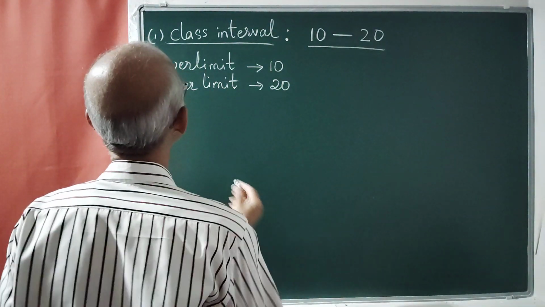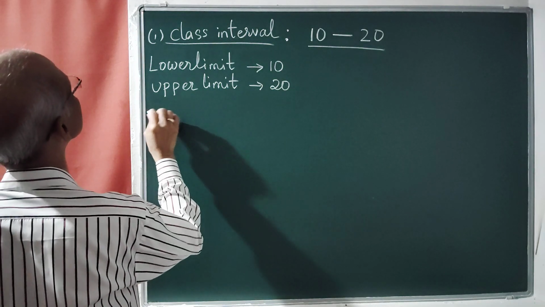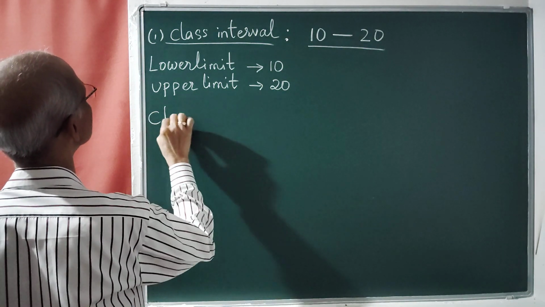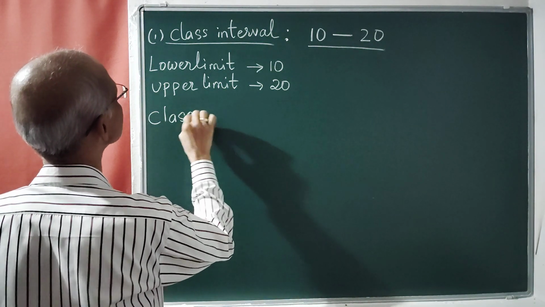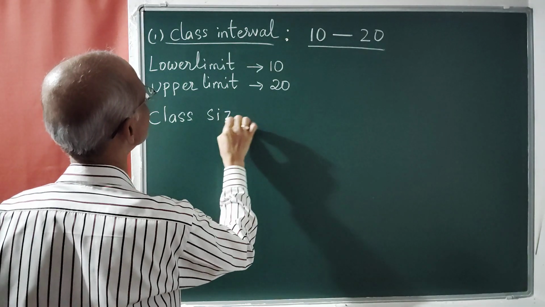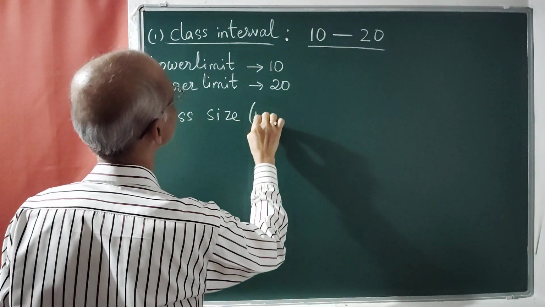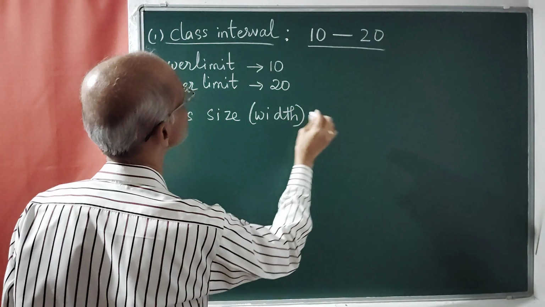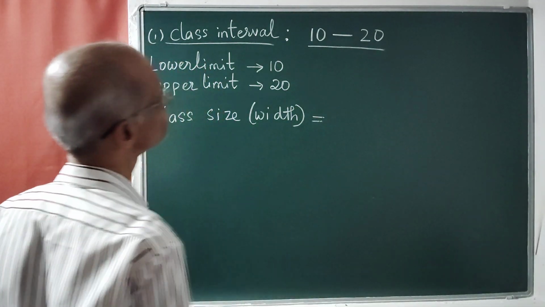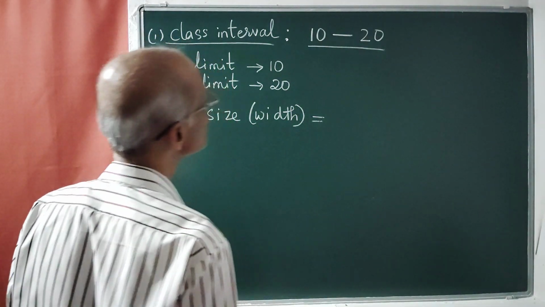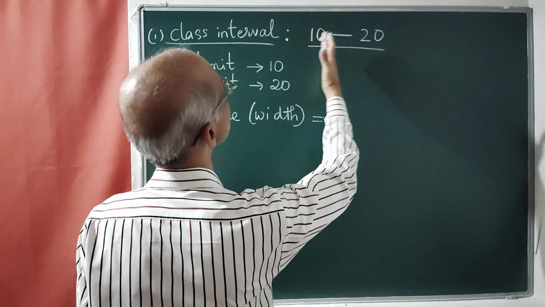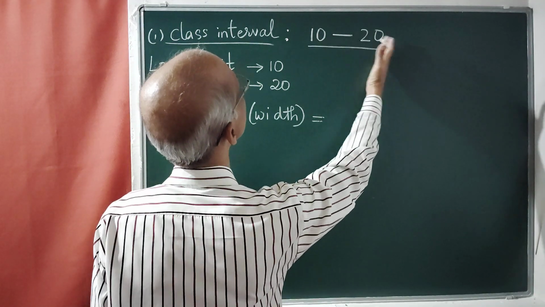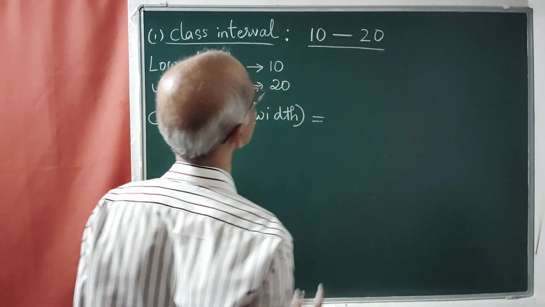Now, next is class size, or class width. Class width means the gap between the lower limit and the upper limit.